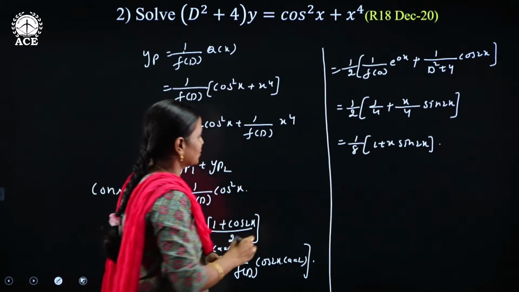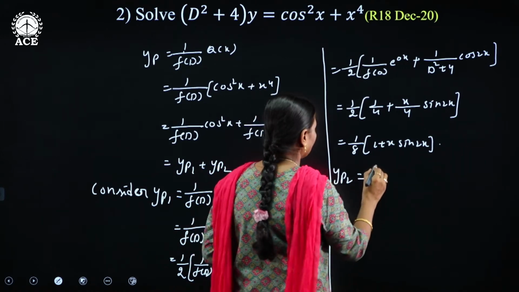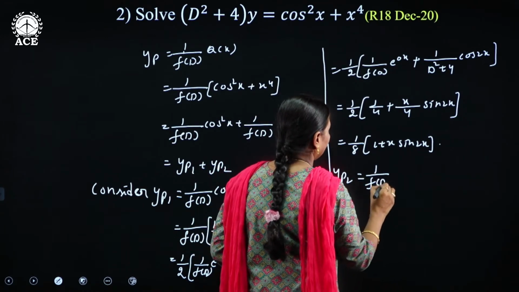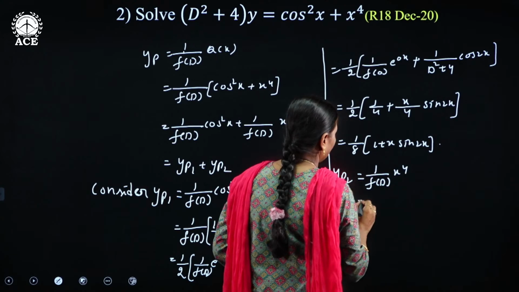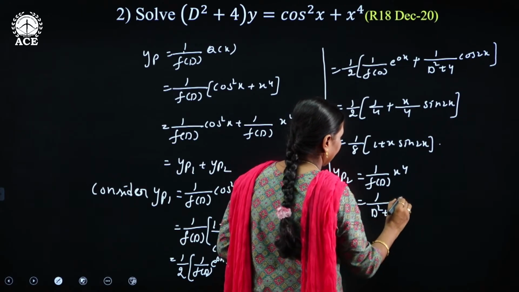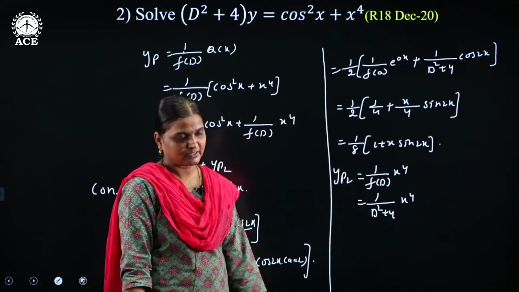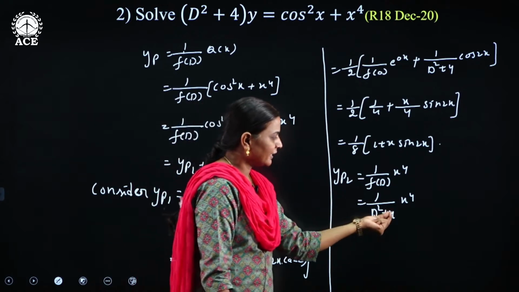Coming to the second part. What is the second part? yp2 is equal to 1 by f of D into x power 4. What is f of D here? D square plus 4 into x power 4. Now here apply the reduction process. What is the lowest degree term here? 4.